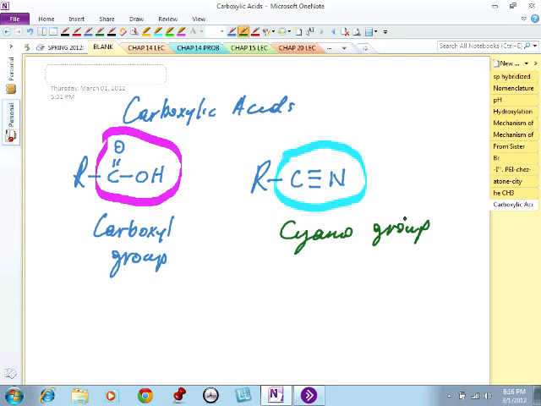Okay, so you have a cyano group bonded to a carbon atom. So these are the two functionalities that you find in carboxylic acids and nitriles.